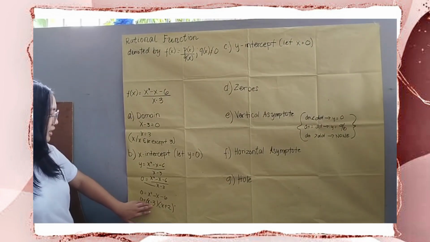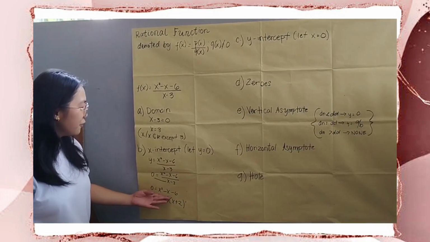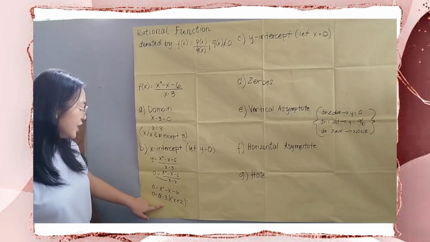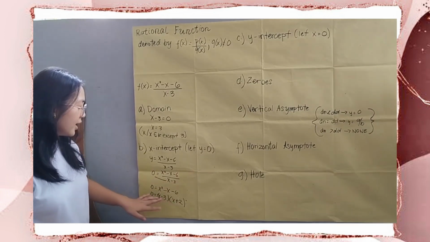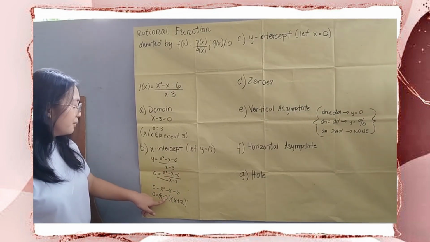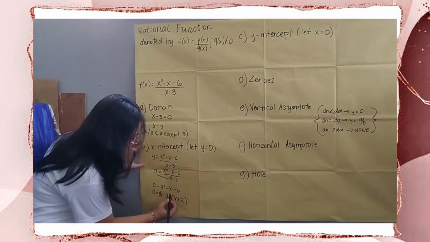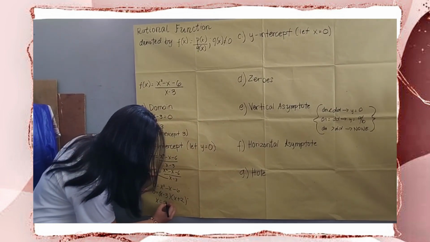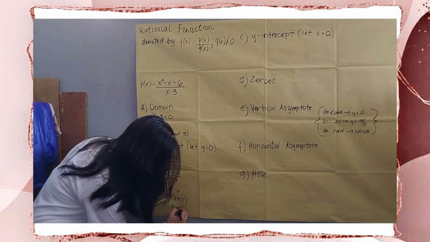Pag tinimes natin ang negative 3 at positive 2, makukuha natin ang negative 6, and negative 3 plus positive 2 is negative 1. So, i-transpose natin: x is magiging positive 3, and yung positive 2 ay magiging negative 2.